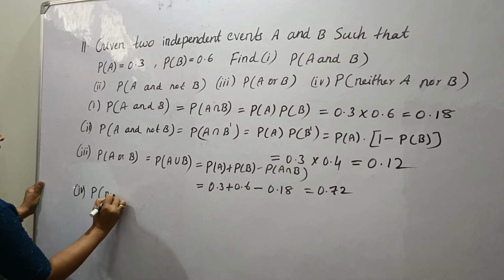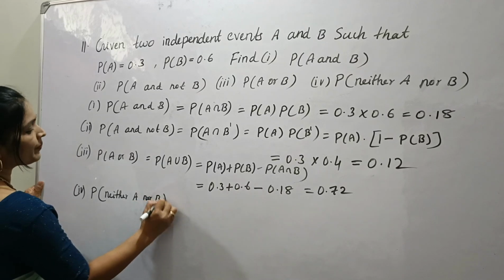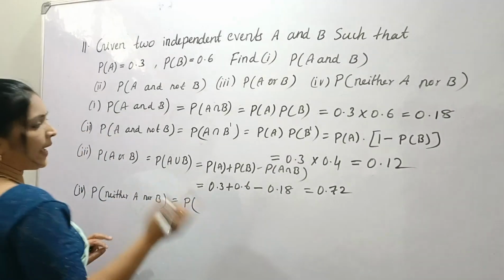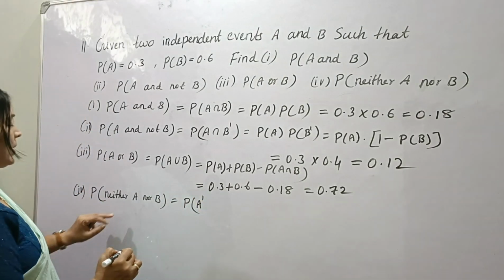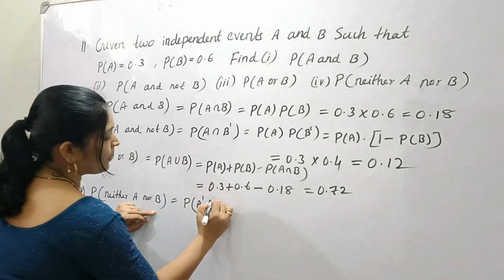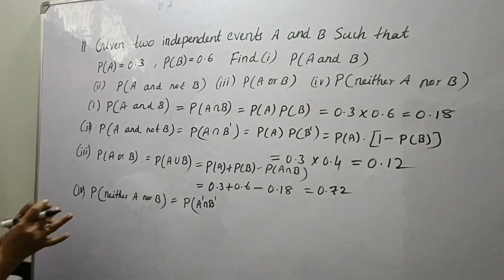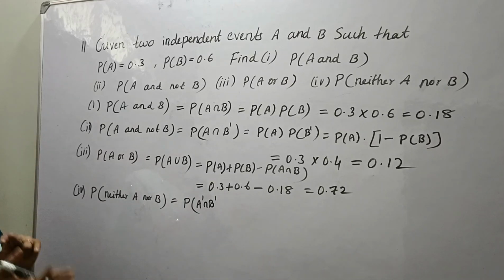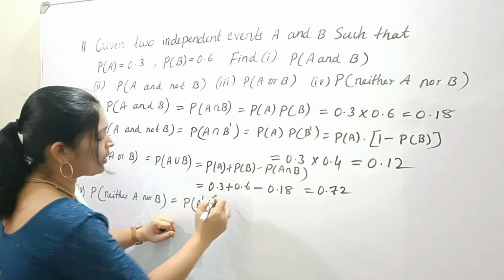Next, fourth one, probability of neither A nor B. Here, neither A means A complement, nor B, B complement, that is intersection. Therefore probability of A complement intersection B complement.